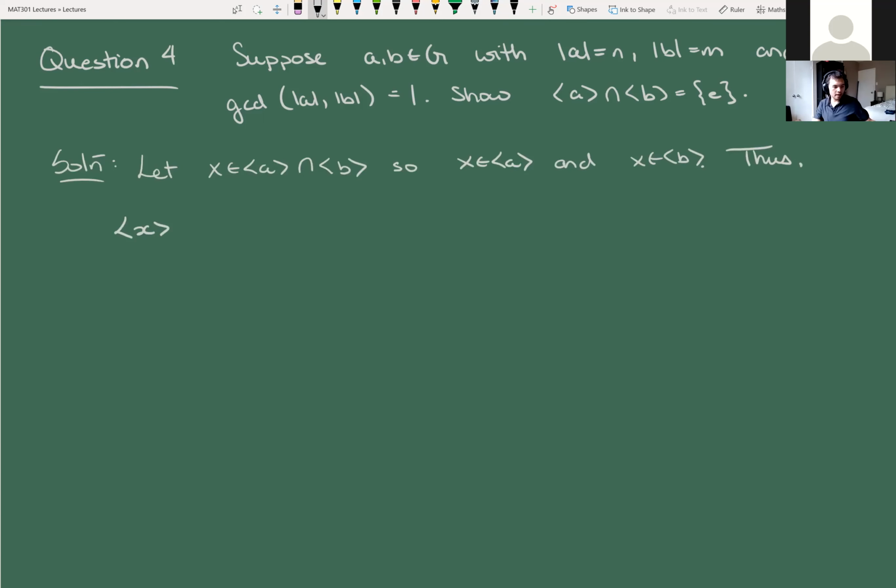If X is in the subgroup generated by A, what do I know about the subgroup generated by X? All right, so now at this point, you should go to your notes and look up the fundamental theorem of cyclic groups. What we know is that the subgroup generated by X will be a subgroup of the subgroup generated by A, and that the order of X must divide the order of A. In exactly the same way, because there's no difference between A and B in terms of this definition, we can conclude that the order of X must divide the order of B.